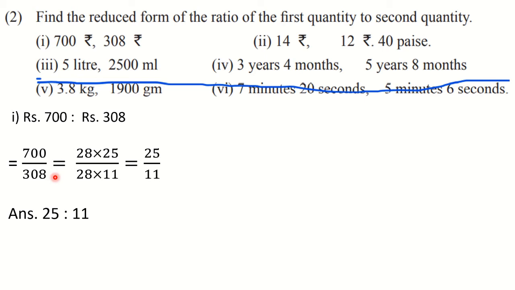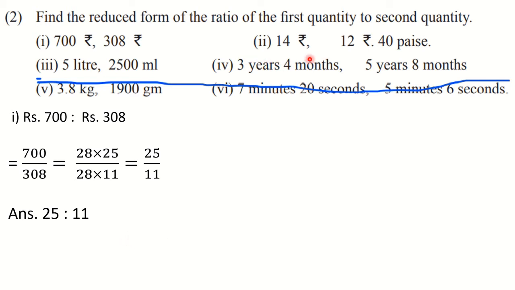And afterwards you will find that the numbers obtained are divisible by 7. So divide again by 7, and then also you can obtain it. It is not so that you should find it in one step only. You can first divide by a smaller number and then also obtain the answer. So here the answer is 25 is to 11.